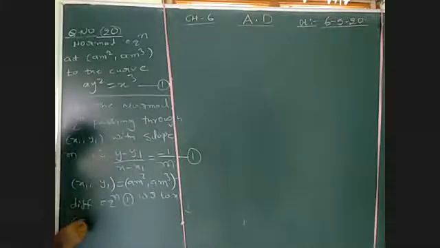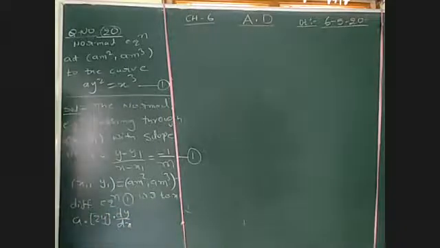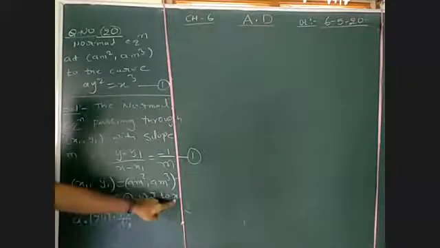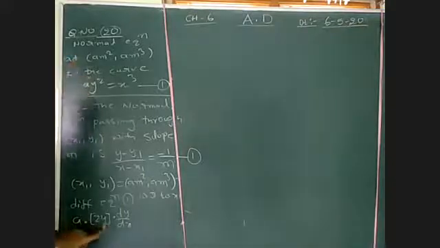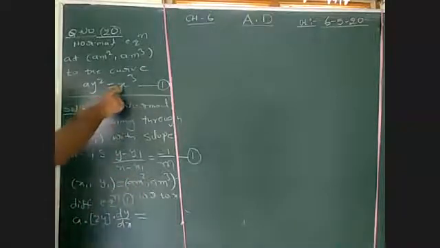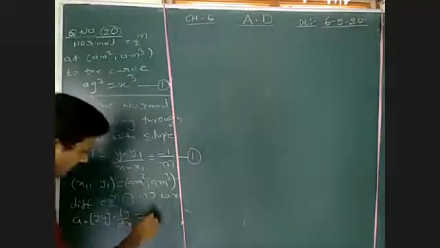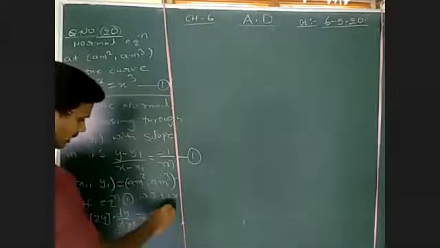So a into y square gives 2y, and again y's derivative is dy by dx by the chain rule. Here we are differentiating with respect to x. y square becomes 2y, again y derivative dy by dx. This is equal to x power n formula, n into x power n minus 1, that is 3 x power 3 minus 1.